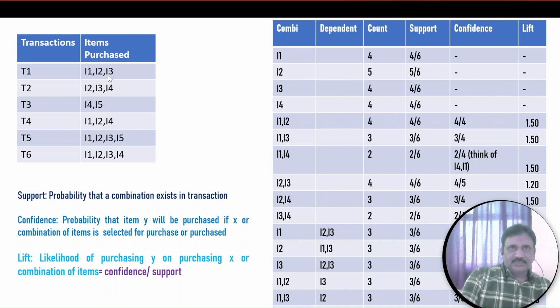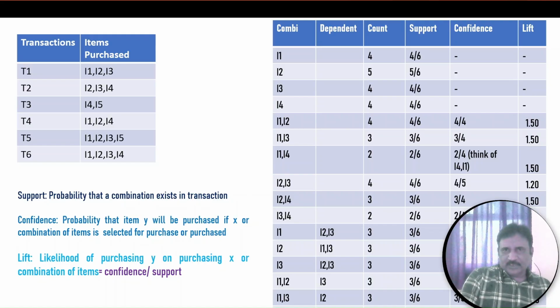This is 1, then this is another, this is the third. So out of 4 transactions, 3 have I2, I3. So the confidence for that is 3 by 4, that is 0.75. And the lift will be 3 by 4 divided by 3 by 6, that comes to 6 by 4, that is 1.5.